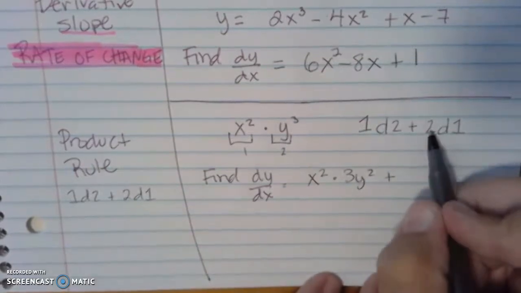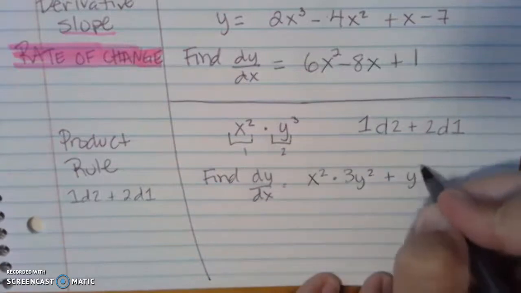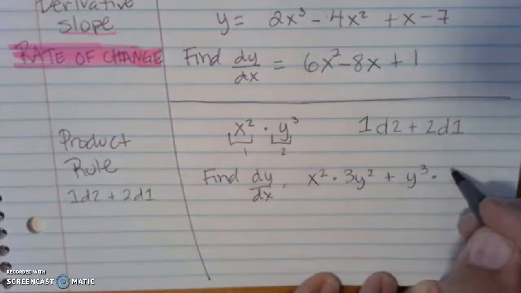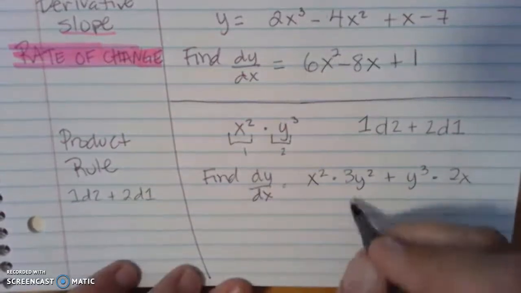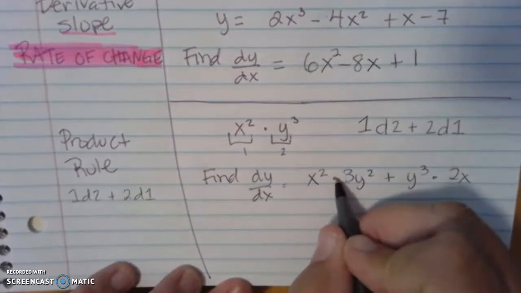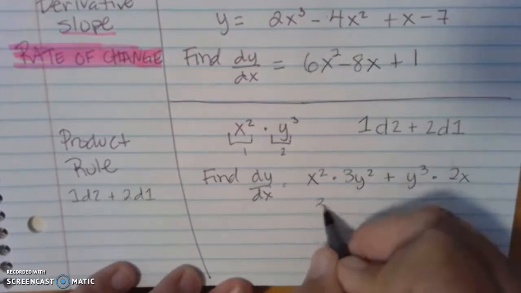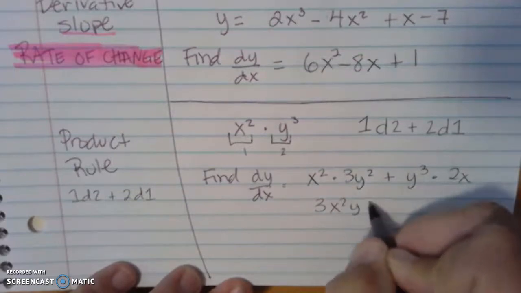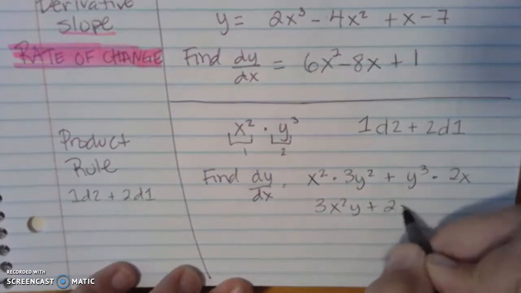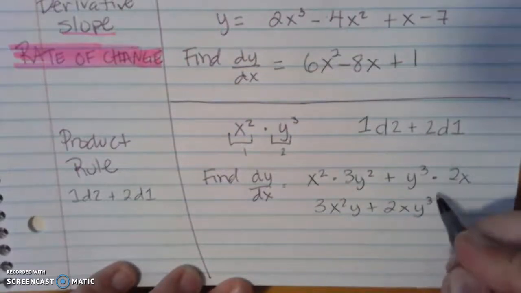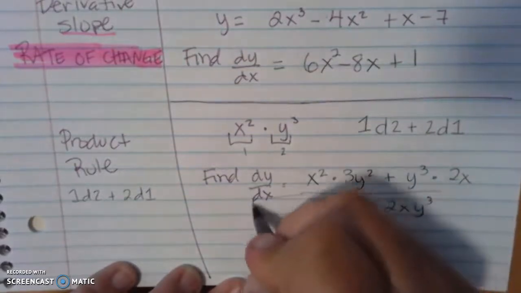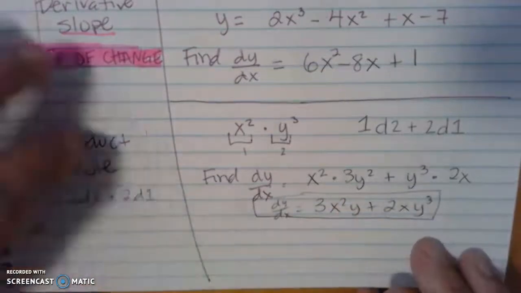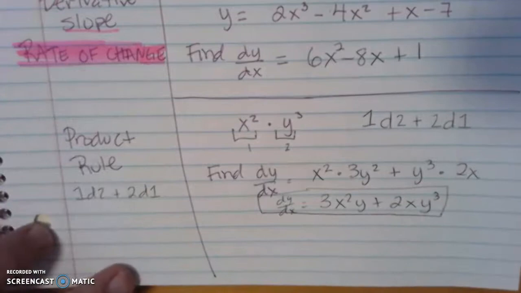Plus, now let's write down the second term, which is y to the third, times the derivative of the first term, which is 2x. And then we're just going to clean it up a little bit. This x squared times 3y squared is usually written 3x squared y squared plus, and then this term is usually 2xy to the third. And this would be your derivative. dy dx equals that.